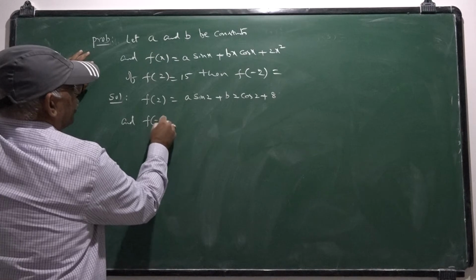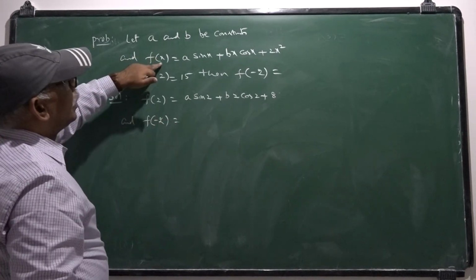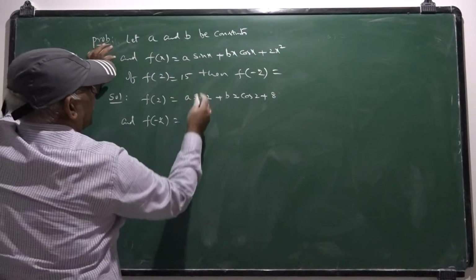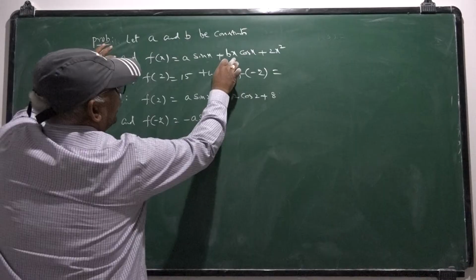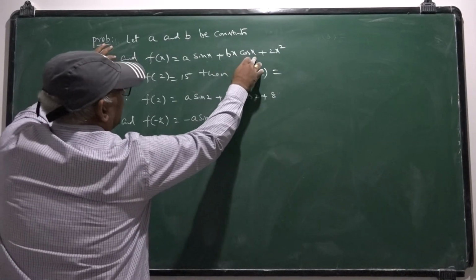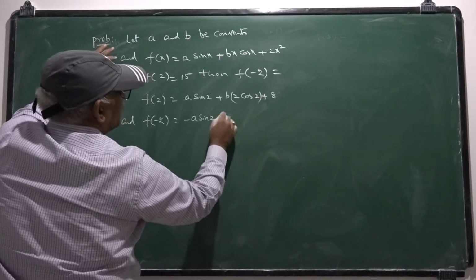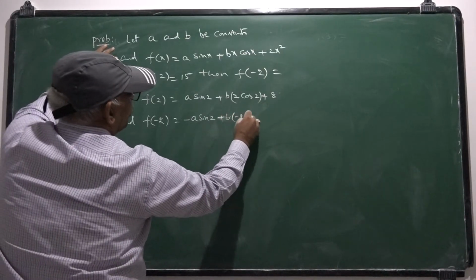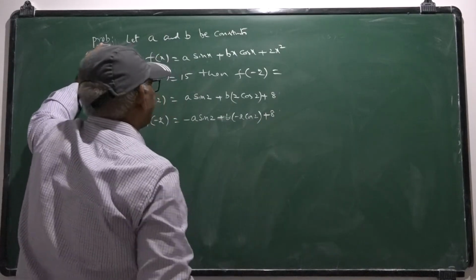And f of minus 2 is, taking x equal to minus 2, minus A sin 2, plus b into minus 2 cos 2, plus 8 itself.